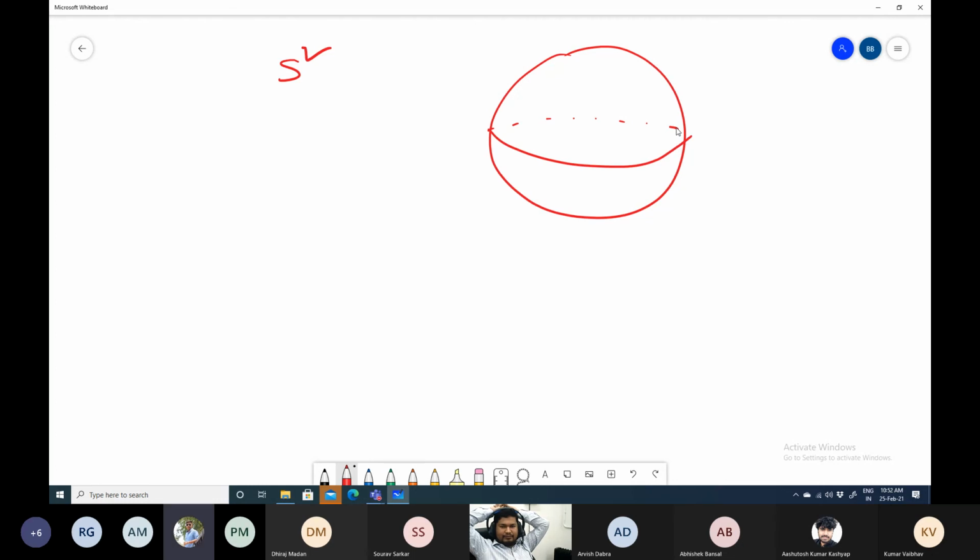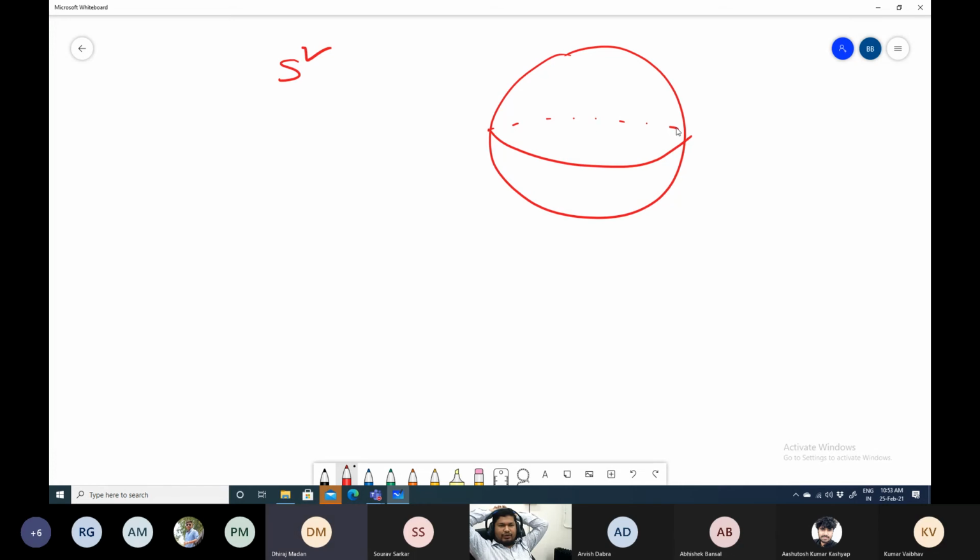Sir, same as S1? No, it is 0. Why is it 0? We can retract every point in S2 to a single point. Deformation retract. Right, but how? Any idea how? If we take any path here, we can show that it is homotopic to R cube minus 0.